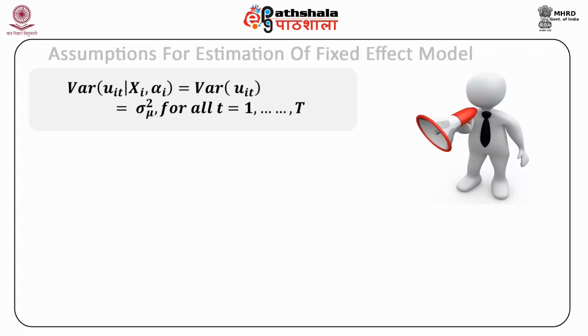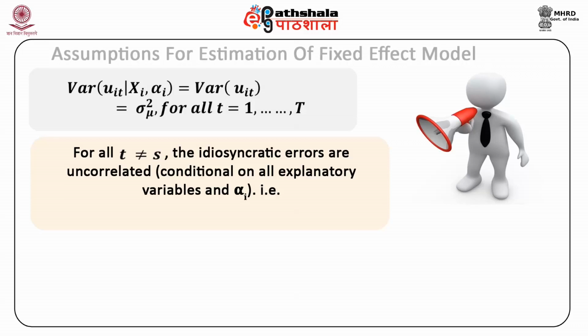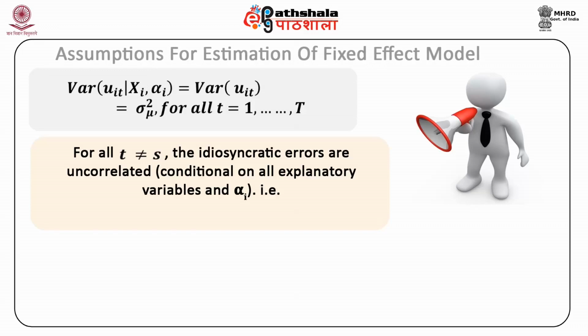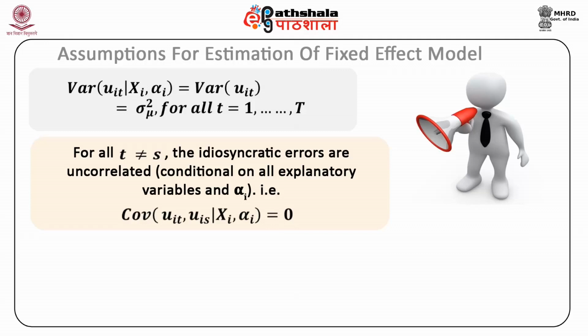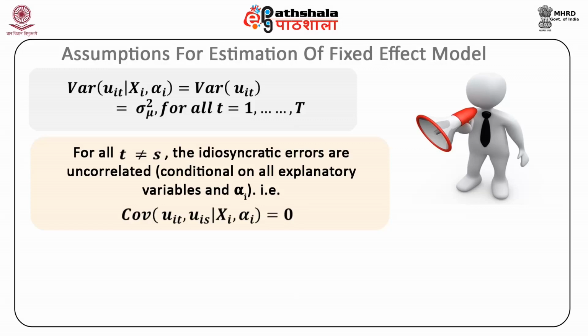The sixth assumption is that for all t not equal to s, the idiosyncratic errors are uncorrelated, conditional on all explanatory variables and alpha_i. This can be expressed as the covariance of u_it and u_is given x_i and alpha_i is equal to 0.